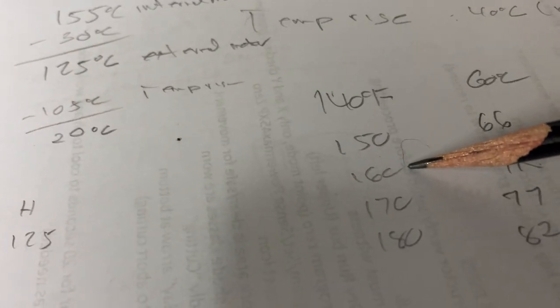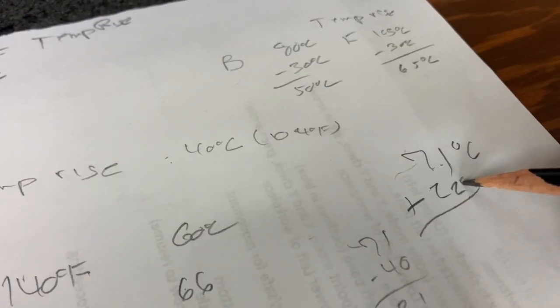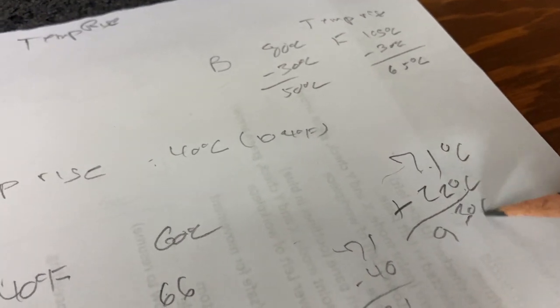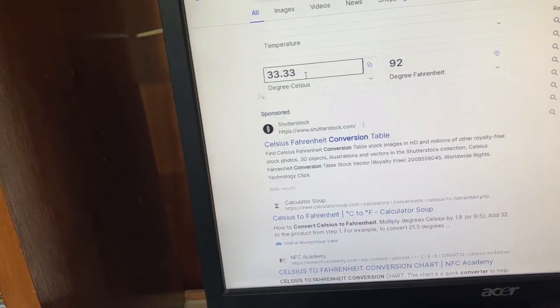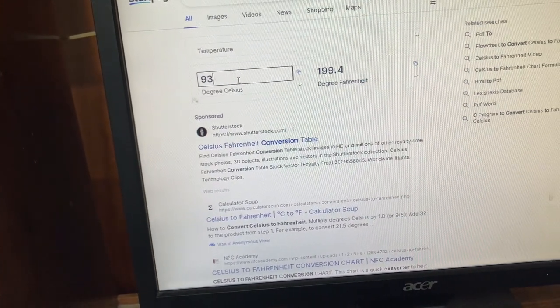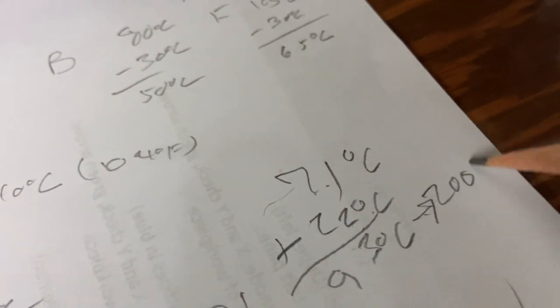Say our ambient temperature in the box is going to be 160. That's 71 degrees C. So 71 plus 22 degrees temperature rise of the motor gives us 93 degrees C, which if I type it in here, says 200 degrees Fahrenheit.